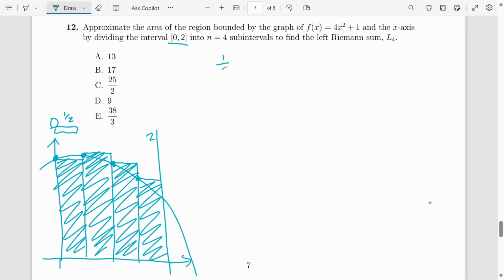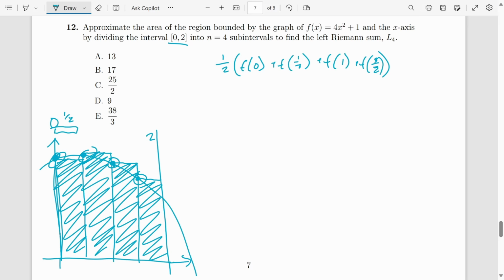So we're going to multiply everything by 1/2. And then what is the height of each rectangle? Well, that's just going to be f of x at each point that we found. So that's going to be f of 0 plus f of 1/2 plus f of 1 plus f of 3/2. Those are the 4 x values for those 4 points there.